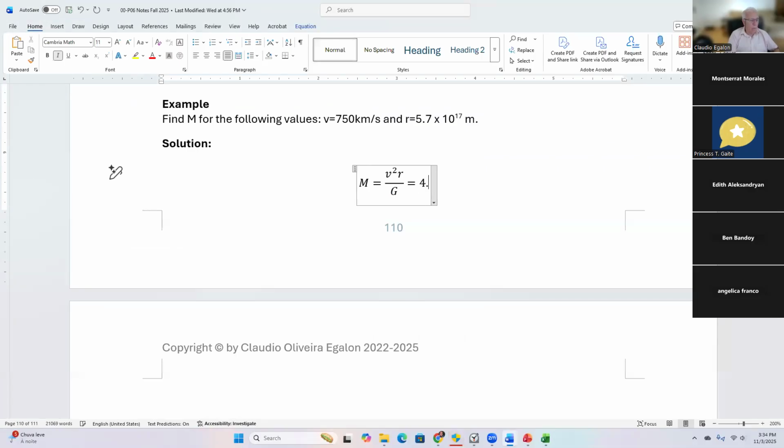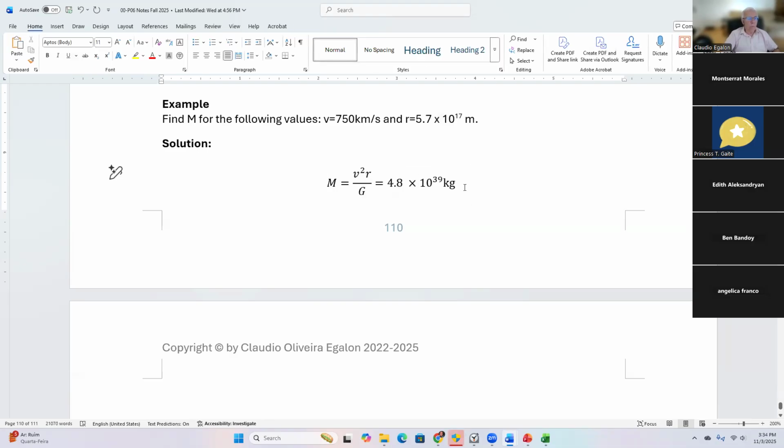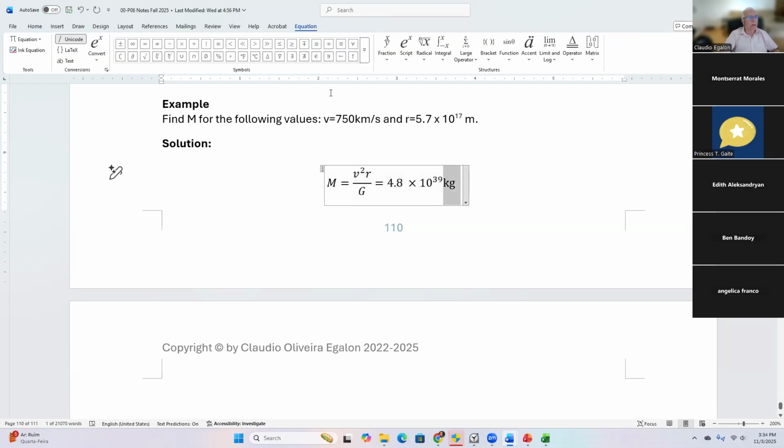4.8 times 10 to the 39 kilograms. Now let's compare this mass with the mass of the Earth first.